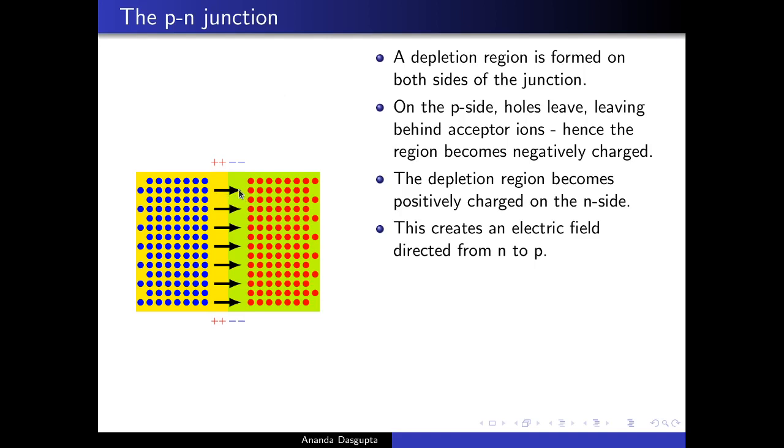Now why should you have an electron here any longer? After all, I said the depletion region has no charge carriers. But remember, electron hole formation because of thermal effects is going on all the time. So from time to time, an electron hole pair will form here on the p side, also here, and so on.